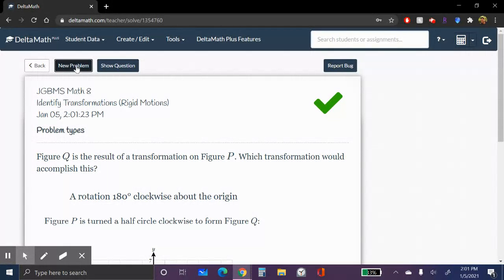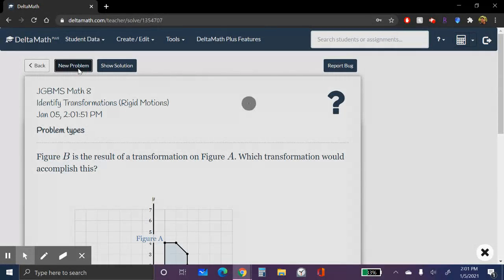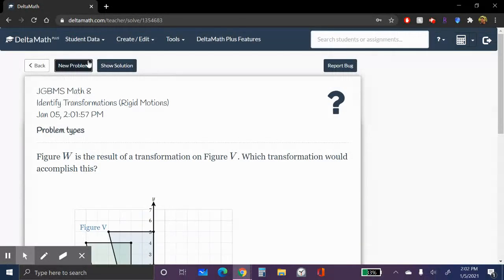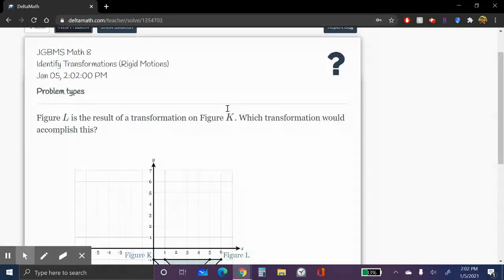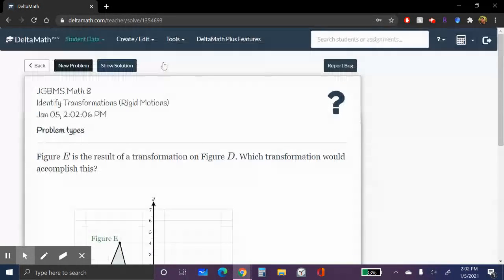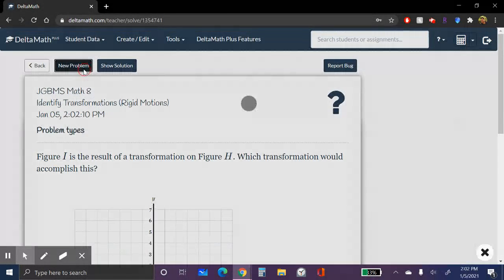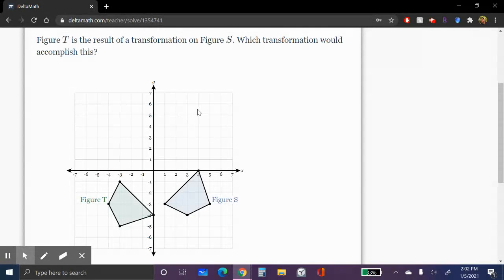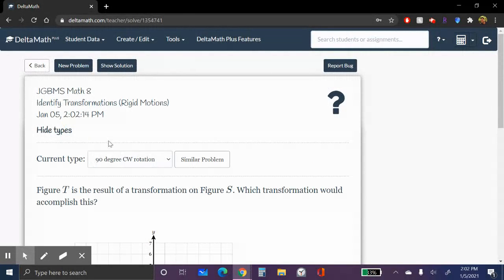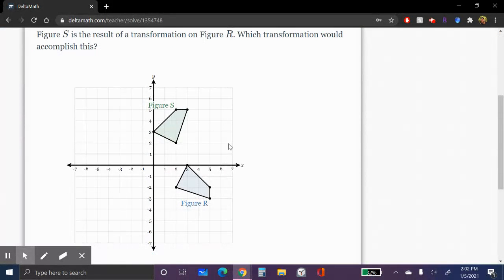And one more. I know I said one more before, but I want to do one more. Here we go.